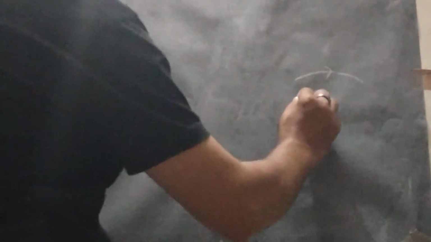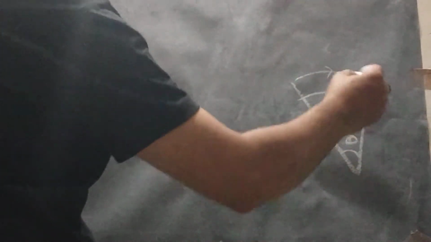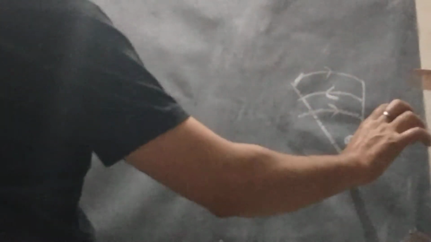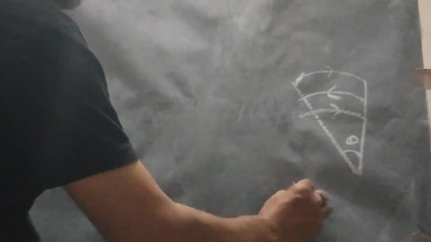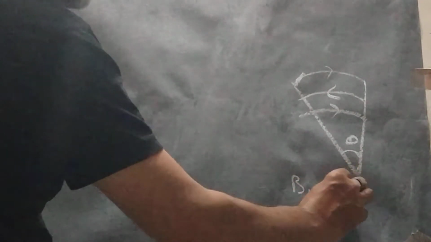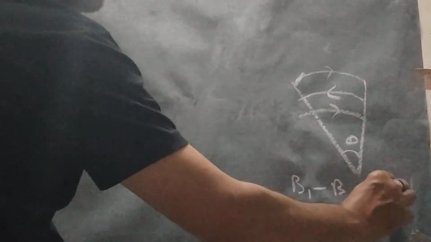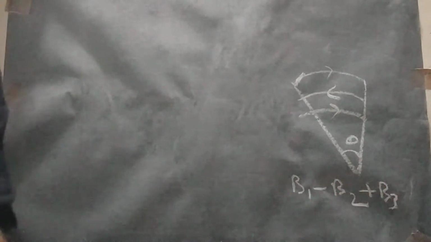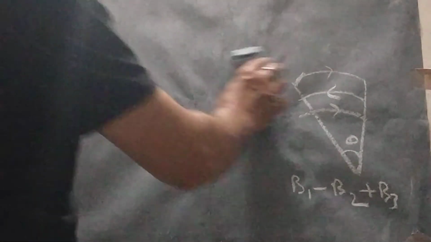Suppose one is this, one is this, another one is like this. If the angle is known, then for this conductor the magnetic field will be directed inward. For this conductor, the magnetic field is directed outward. It means B1 minus B2. Again for this conductor, inward, plus B3. In this way, if two vectors are in opposite directions, the resultant is given by subtraction.